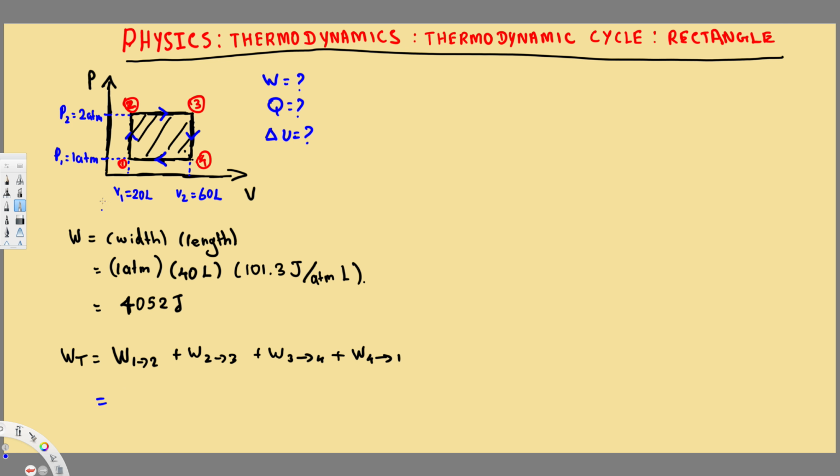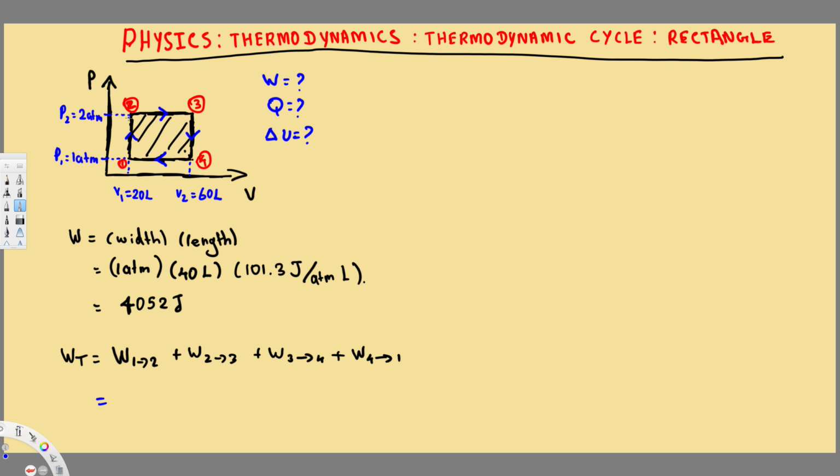So let's look at what happens in W1 to 2. If you look at this, there's a vertical line, and the volume is going to be constant because the volume at 1 and 2 is the same, right? This is called an isochoric process or isovolumetric process. So it's called by two names. Whenever we have that kind of situation, the work is always zero.